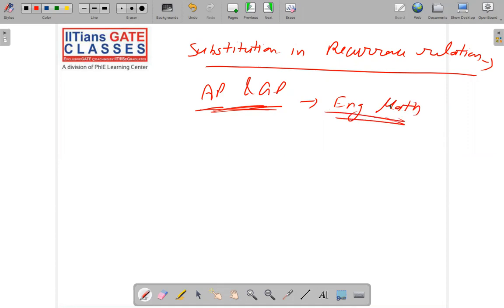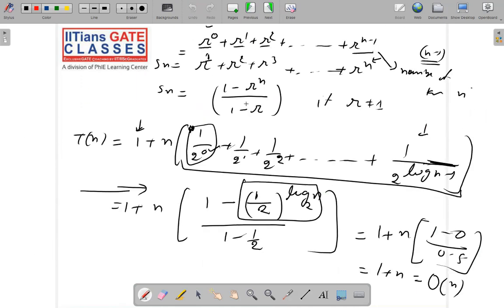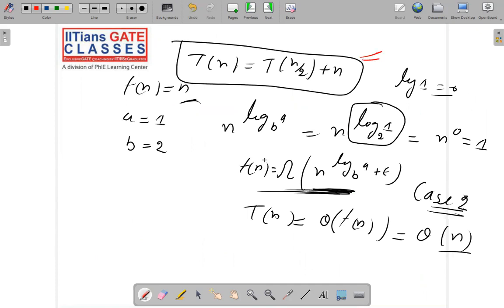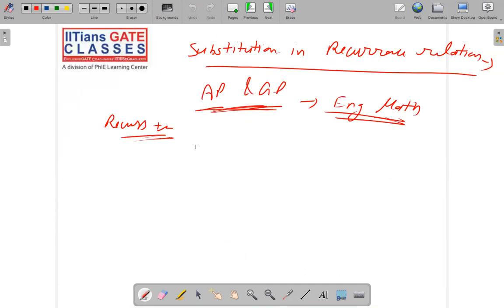Okay, so I've given you a very basic understanding of substitution, the recurrence tree, as well as the master theorem solution. So let's take the same problem in the recurrence tree. How can we calculate the time complexity using a recurrence tree? Some simpler problem, something like this: T(n) equals T(n/2) plus n, right?